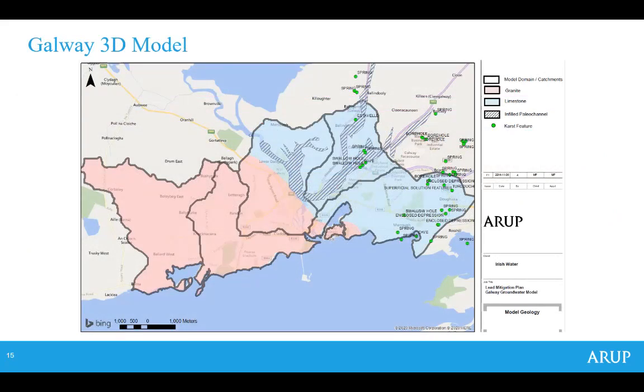On the east of the city, we have the karst limestone, which is a regionally important karst aquifer, prone to karstification with swallow holes and springs, which you can see marked here on the map. And on the west of the city, we have the granite, a poorly productive aquifer, with much higher drainage density and a much shallower water table. So Galway presented us with challenges that allowed us to ensure we had a good representation across a wide range of hydrogeological environments.